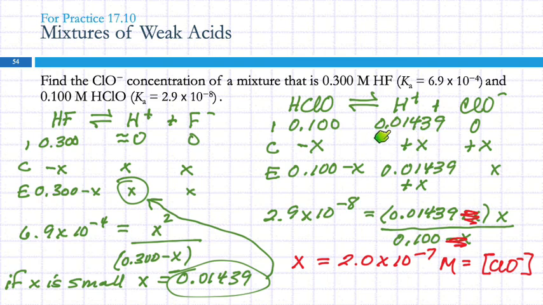So this one will start where that one ended up. So that's our initial concentration. And so doing this, we can calculate what x is, which is the hypochlorite ion concentration. Now, if we put this x in here to find the hydrogen ion concentration, is it going to change the hydrogen ion concentration? No, it isn't, because it's so small.